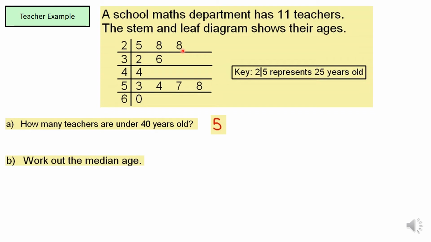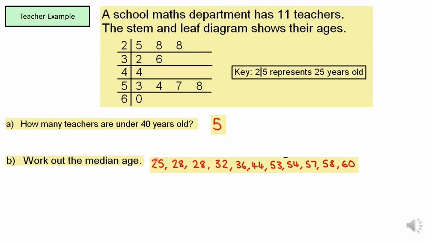Second part of the question says work out the median age. The best way is to write all the data as we normally write. So I'm just going to write all the data, starting with the first one, 25, and then 28, and then 28 again, and you end up with data like this. If you want to find the median, the best way is to cross one from each side and then see which data is left in the middle.